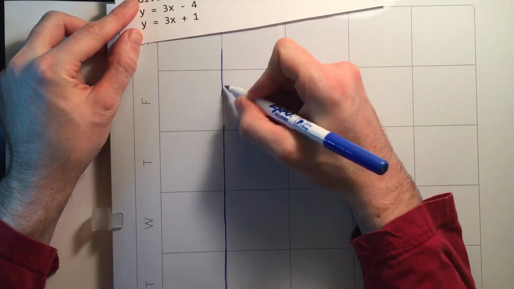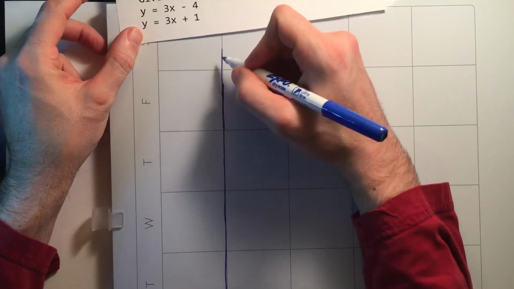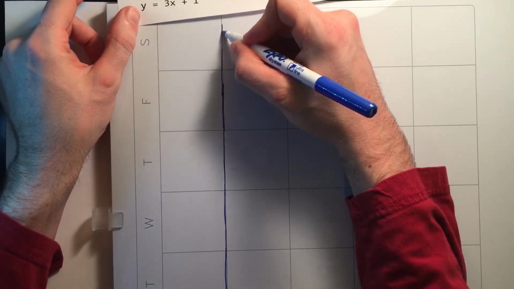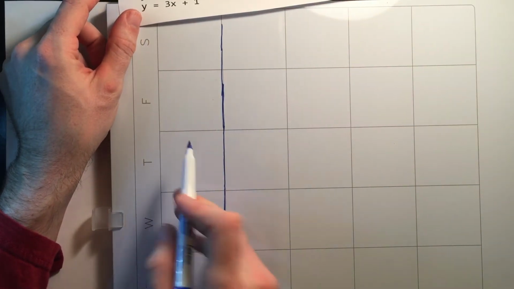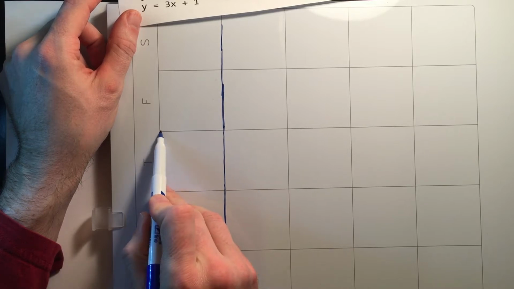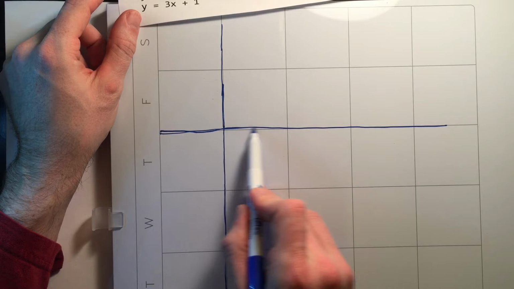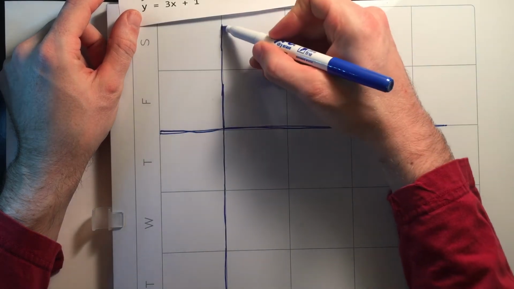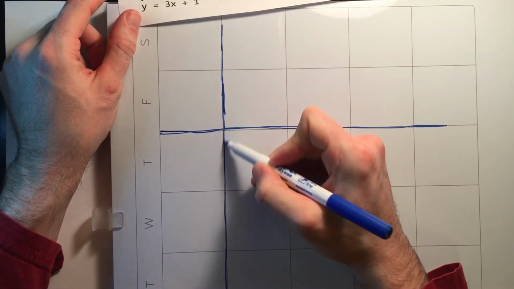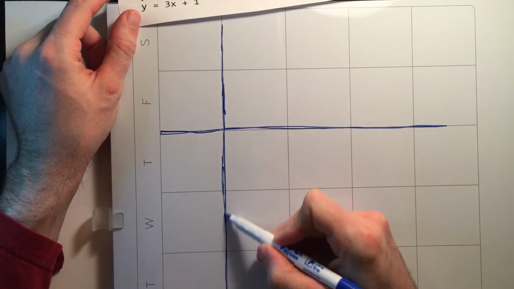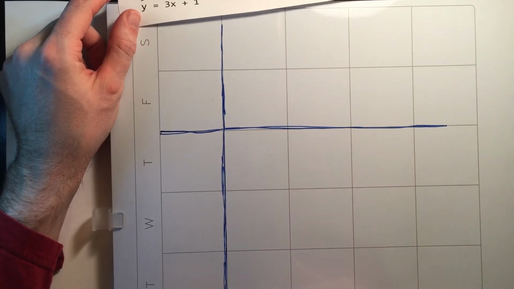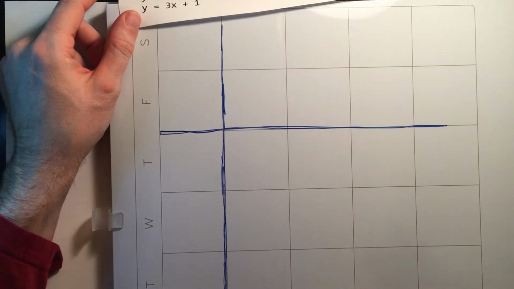Okay, so that'll be our y-axis. And let's put our x-axis right about here. I'll just make it a little thicker so that we can see it.